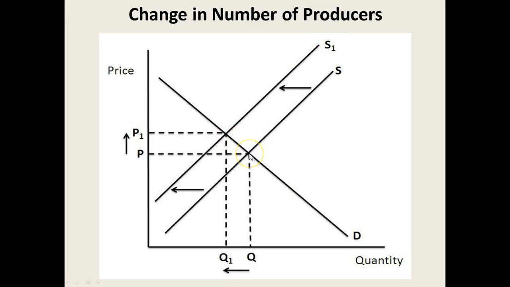So our market equilibrium has gone from supply curve S and demand curve D to supply curve S1 and demand curve D. Lesser quantity, higher price, because we've shifted the supply curve to the left.